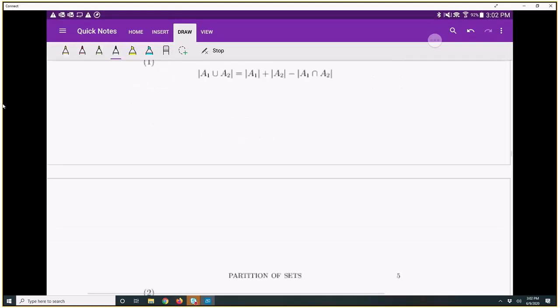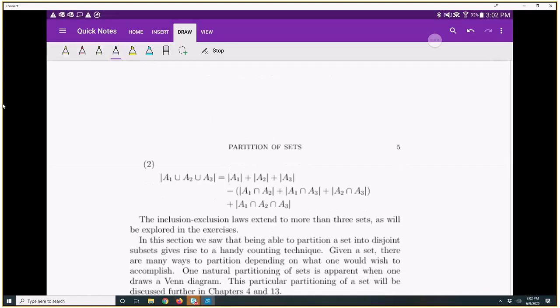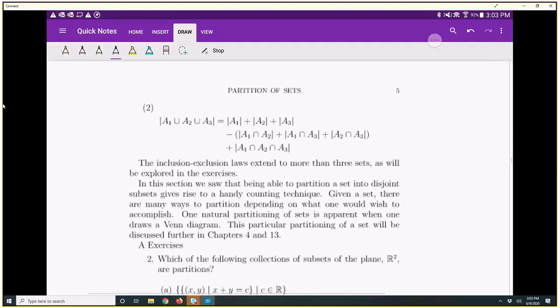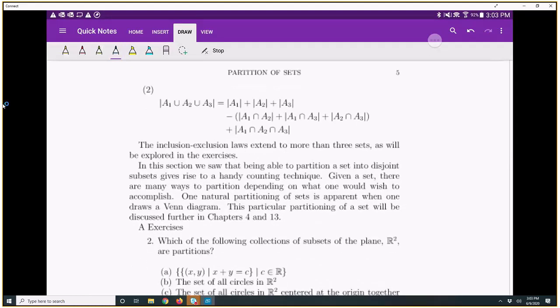Whereas if we have three sets, like we did in the previous example, the cardinality of the union of the three sets is going to be, first we add the cardinality of each set individually, then we subtract the cardinality of the intersections, there'll be three of those for three sets, and then we add the cardinality of the triple intersection. This law will extend to more than three sets, as will be explored in these exercises that we're about to do.